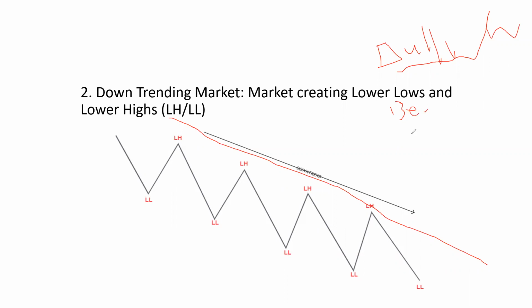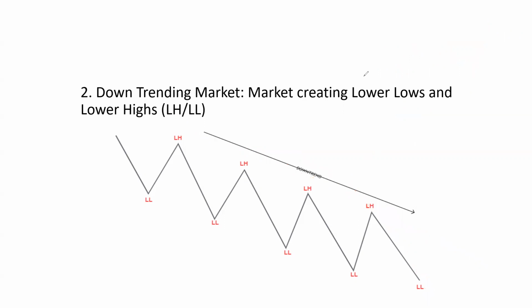So if we say the market is bearish, it means it is dropping to the downside. If we say the market is bullish, it means it is in an uptrend. If the market is dropping, it means it is bearish in a downtrend.